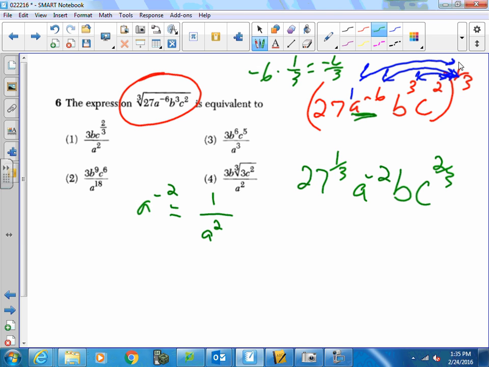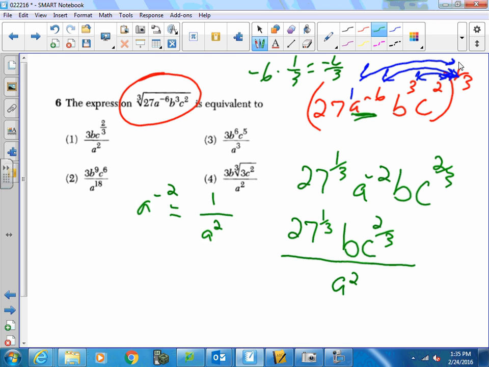So when you're dealing with this one we have over here, we can keep going and say, okay, 27 to the 1/3, and then B, and then C to the 2/3, and all of that over, we can move A down to the bottom, and make the exponent positive.